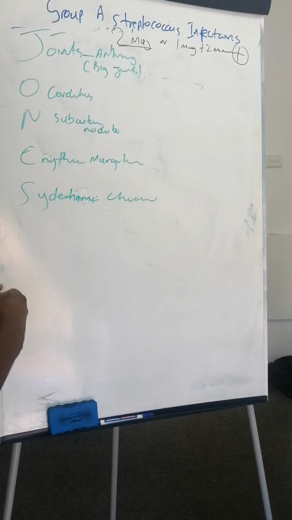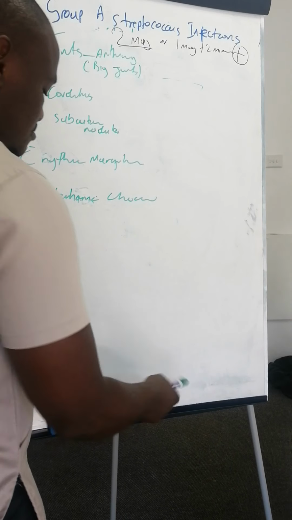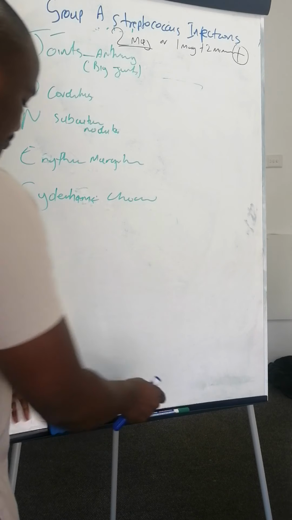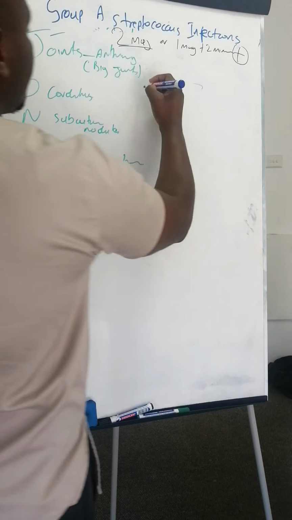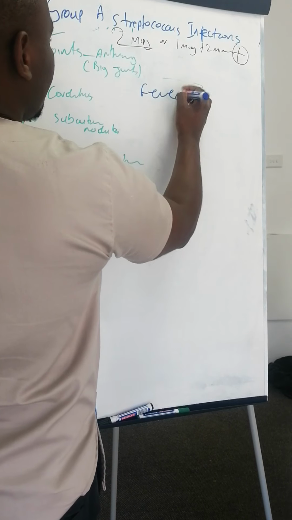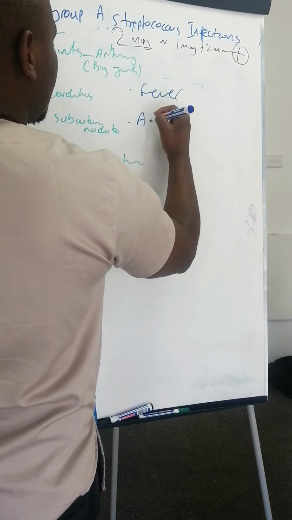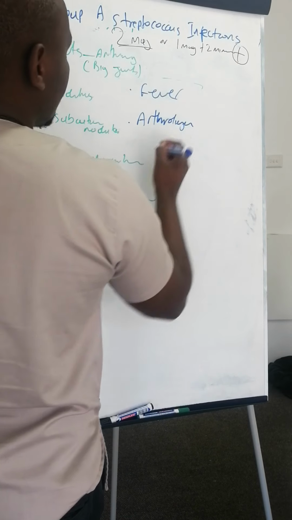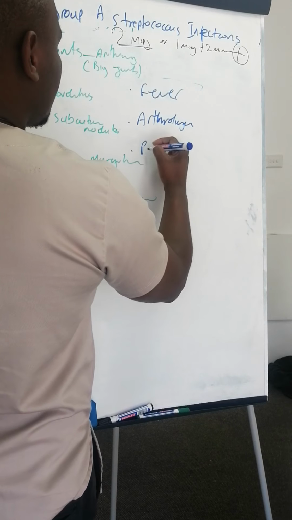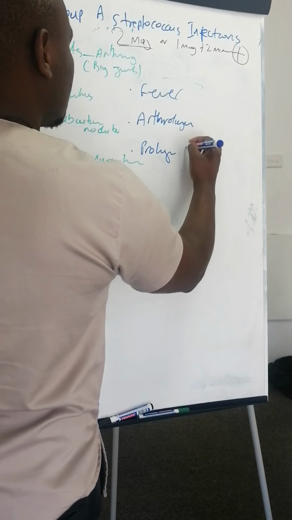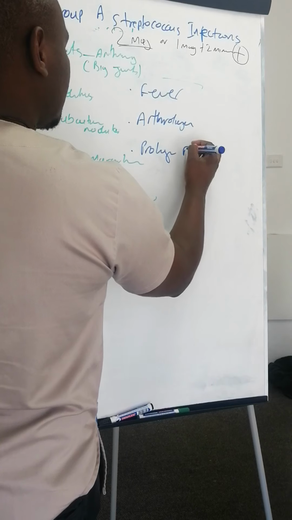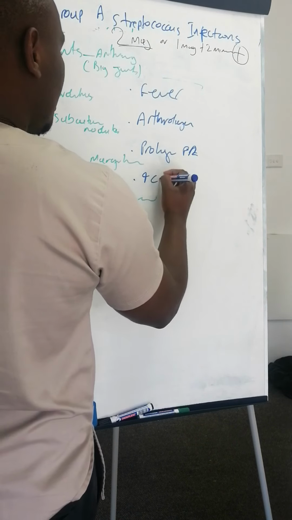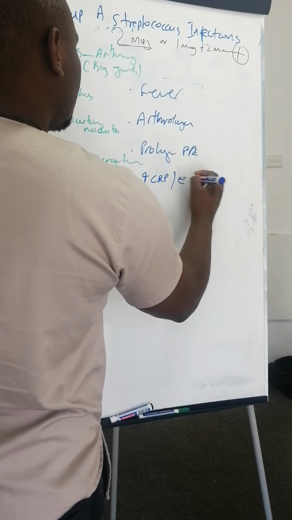And then for your minors, the patient must have fever, arthralgia, a prolonged PR, which means you need to connect this patient to an ECG, and a raised CRP or ESR.